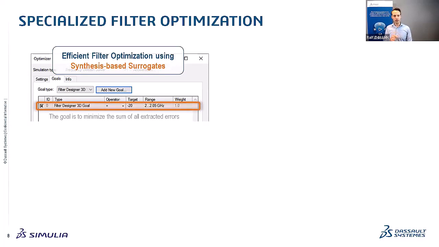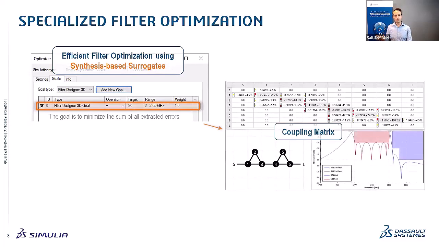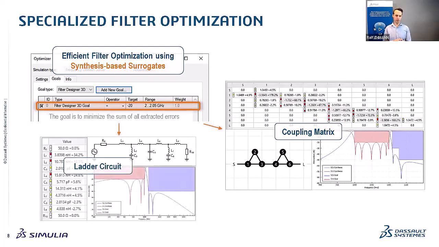So basically, this serves as a surrogate, whether it's the coupling matrix for the bandpass or diplexer filters, or the ladder circuits for the low pass or high pass filters. The optimizer makes use of these surrogates and tries to minimize the extracted errors. And the point is that this is a very efficient approach.